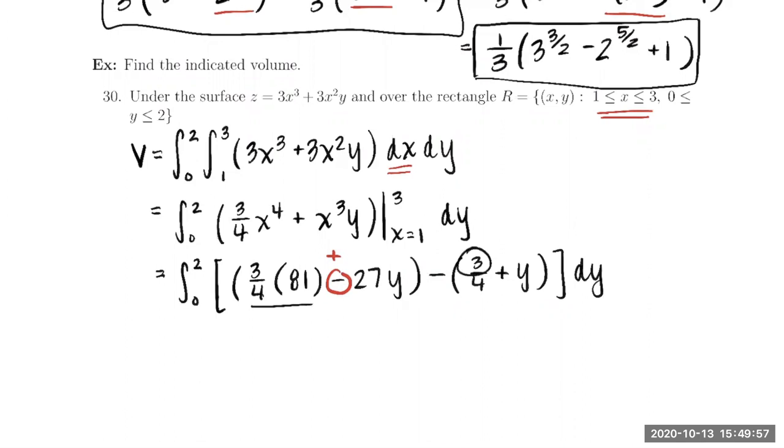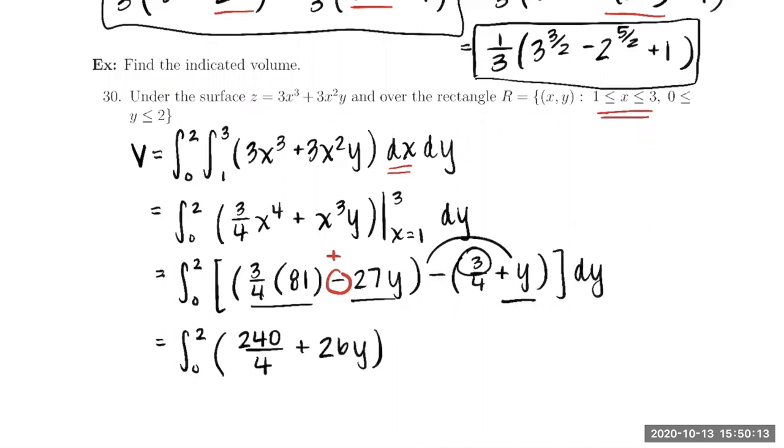Minus 3 is going to be 240. So I have 240 over 4, which I'll simplify here in a moment. And then I have a positive 27 minus y gives me a positive 26y. All right, so 240 over 4 is going to give me 60.